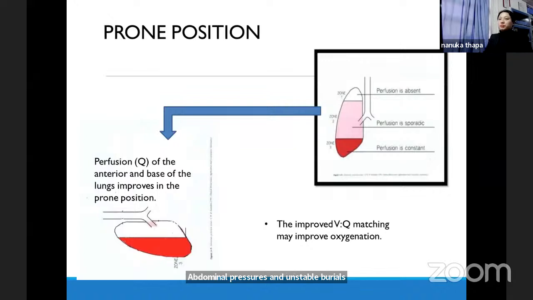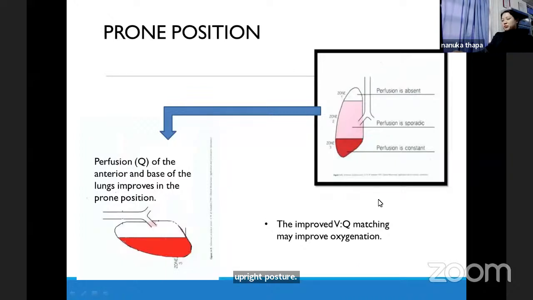So coming to prone positioning, per se, what is the physiology behind it and how does it help in ARDS? This image is showing the different lung zones in an upright posture.